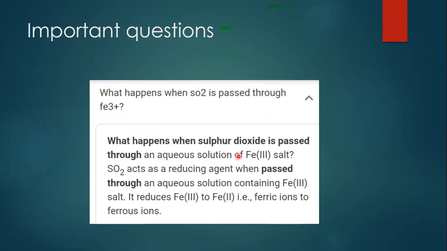When it is passed through this aqueous solution of ferric salt, it reduces ferric into ferrous ion. That is the reducing property of SO2. So if in the paper it is asked, discuss the reducing property of SO2, you can take the example of ferric ion.